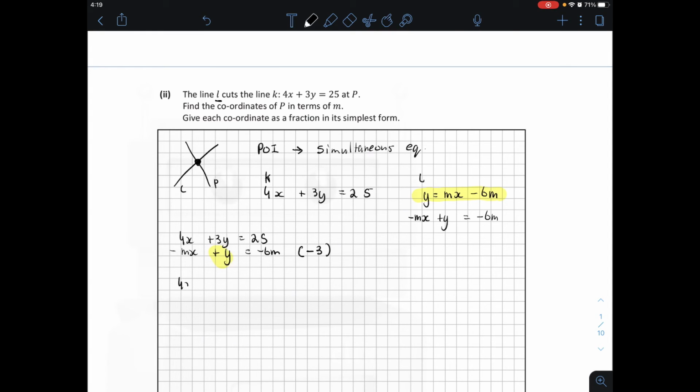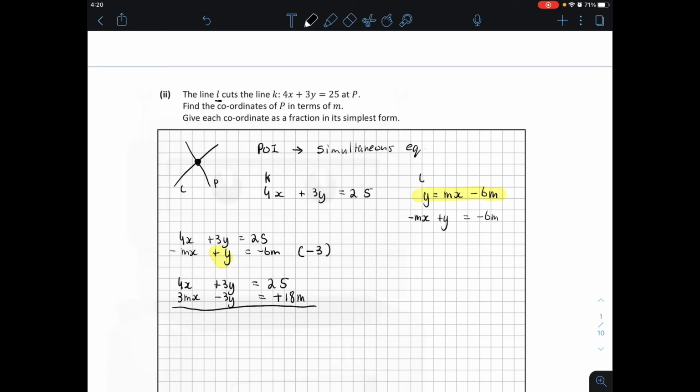So this gives me 4x plus 3y equals 25. And for my second equation, multiplying everything by minus 3 gives me minus mx times minus 3, 3mx, minus 3y is equal to plus 18m.